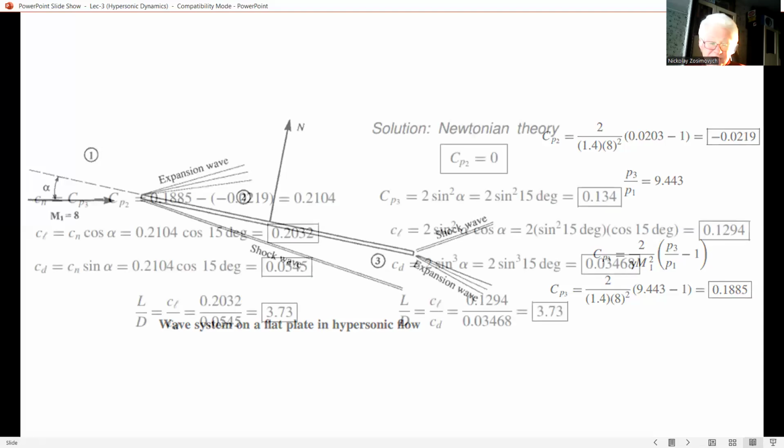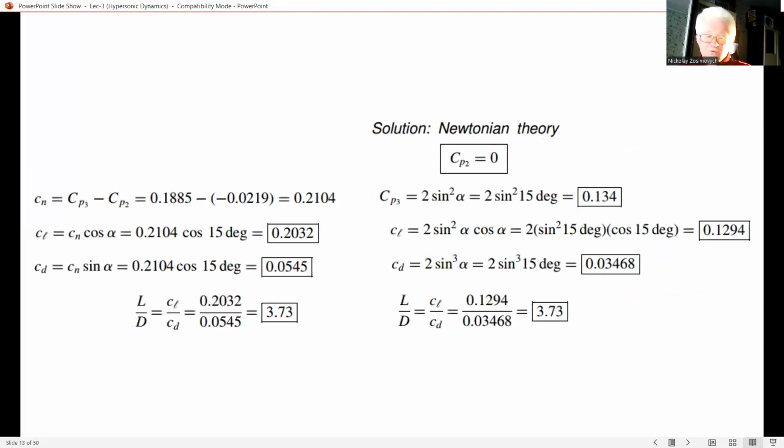From this, the normal force coefficient Cn is simply CP3 minus CP2, and in numbers that gives us 0.2104.